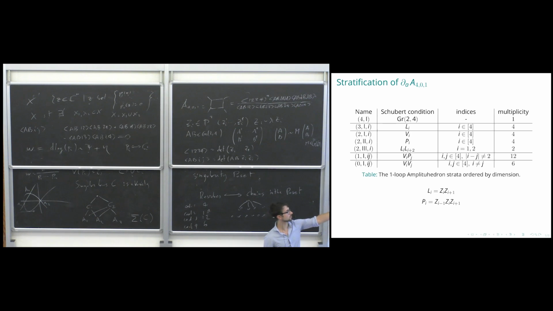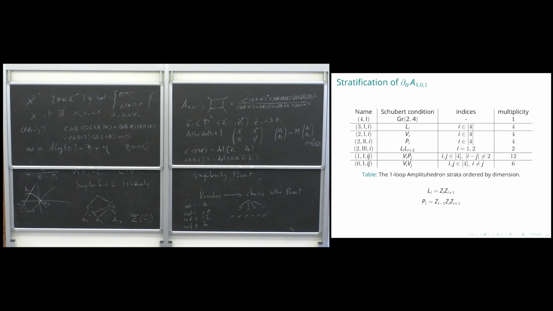I don't want to spend too much time on this, but let's say that VI means that our line in L4 passes through the point VI. PI means that our line is contained in a certain plane. If I have 2 lines, it means that our line intersects 2 lines, and so on and so forth.